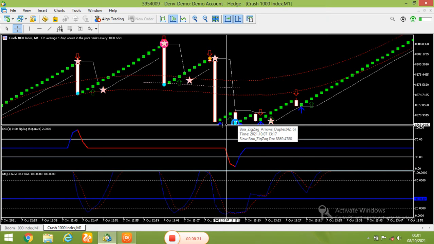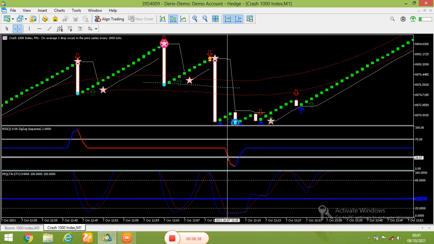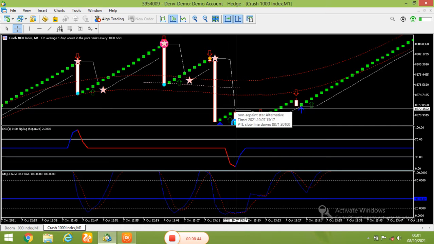I'm sure it appeared here, and this zigzag came below level 30. But our entry is not yet ready because there wasn't an appearance of the star. Even though the arrow appeared, and I'm sure the ball appeared here, because I have been trading with this indicator.